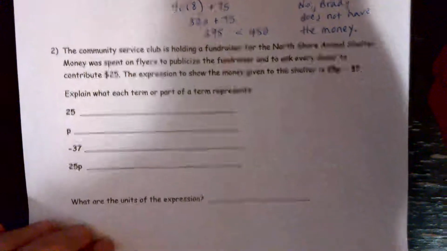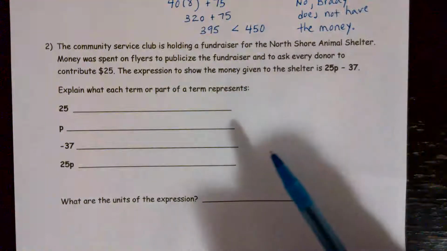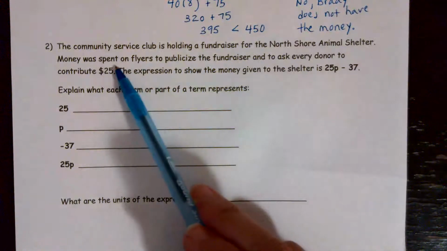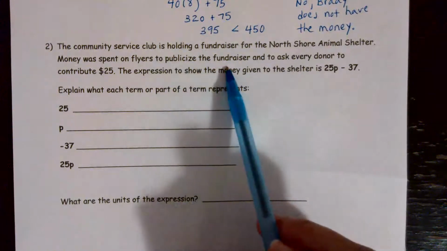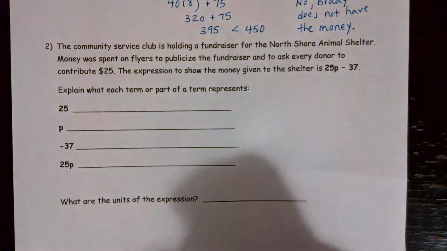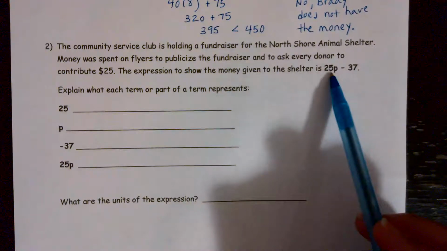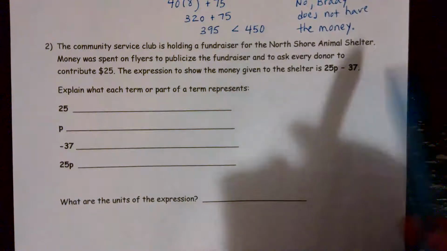Okay, let's take a look at the second question. The Community Service Club is holding a fundraiser for the North Shore Animal Shelter. Money was spent on flyers to publicize the fundraiser and to ask every donor to contribute $25. The expression to show the money given to the shelter is 25p minus 37.